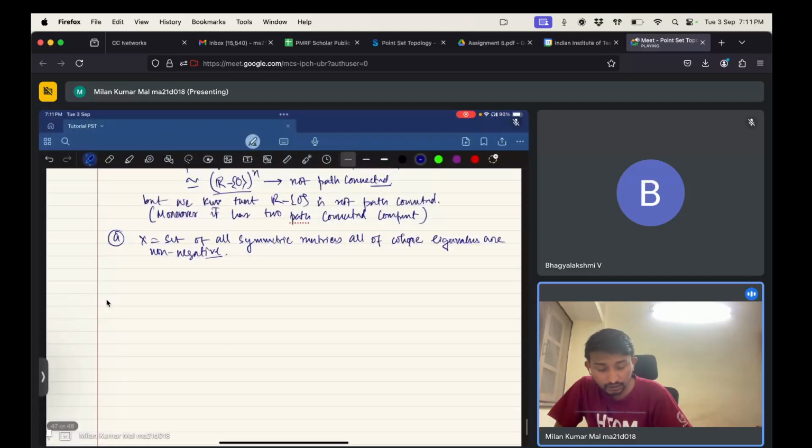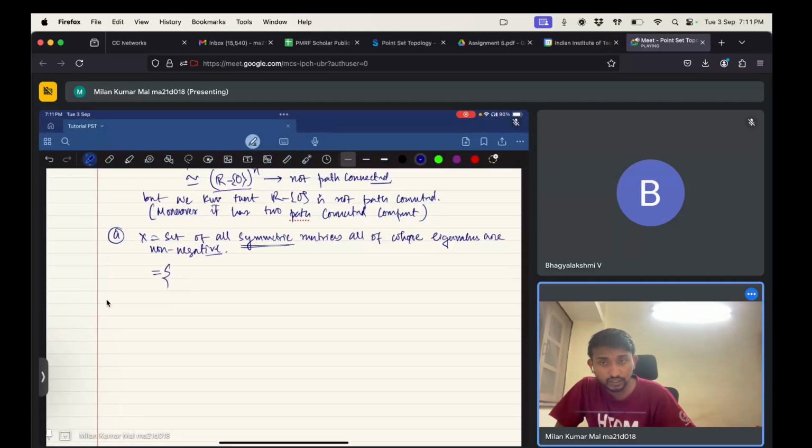This is a symmetric matrix, and for a symmetric matrix this is equivalent to: all A belonging to M_n(R) such that symmetric means A transpose equals A, and x transpose Ax is greater than or equal to 0 for all x belonging to R to the power n.